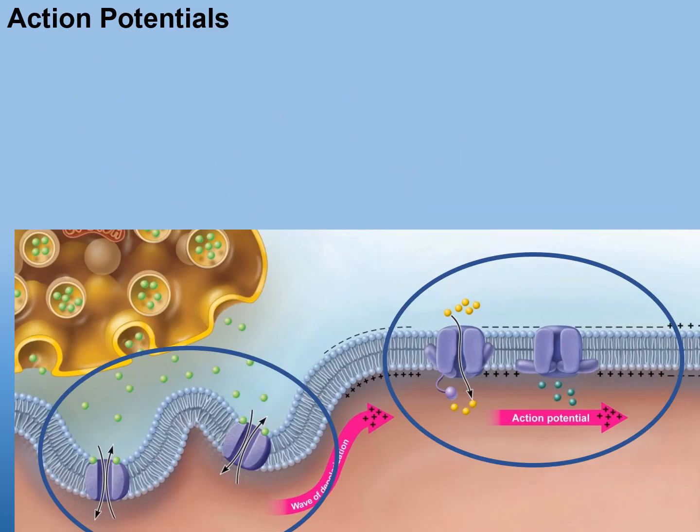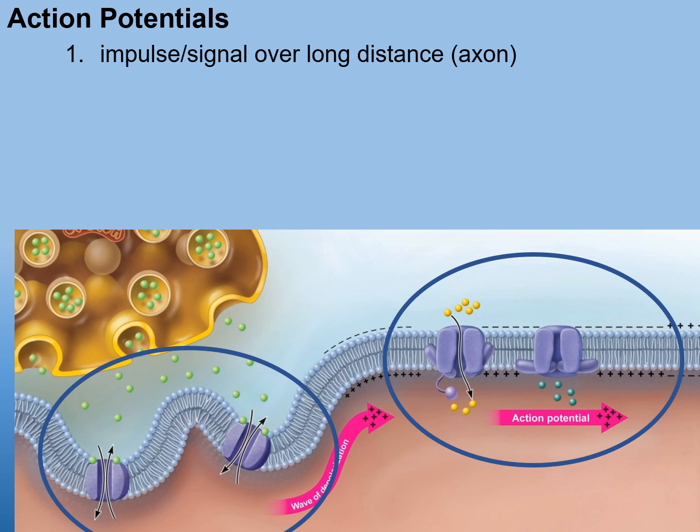We're curious first about action potentials, and then we'll talk about graded potentials. An action potential, it depends on what kind of book you learn from or what class you take. Some classes will call it a thought, an impulse, or a signal. I feel like those words are really vague.